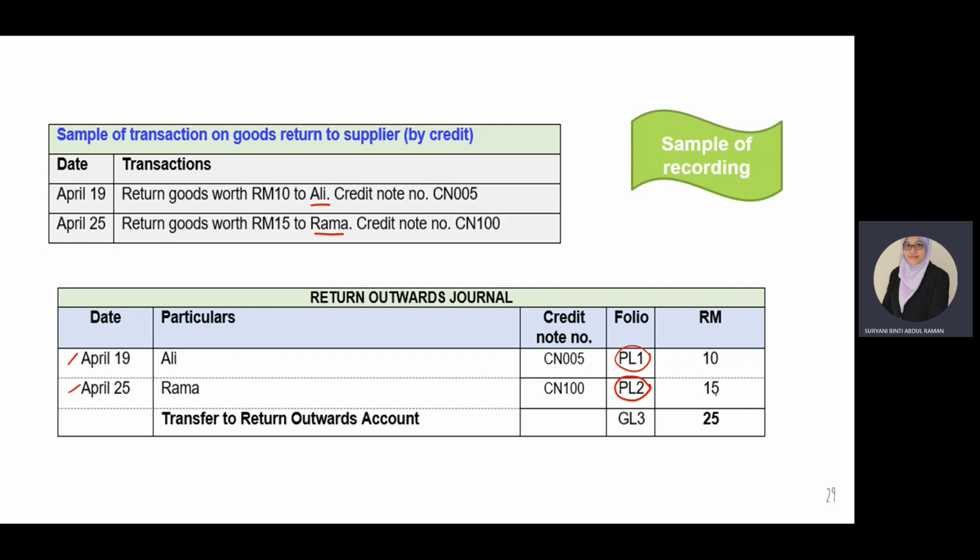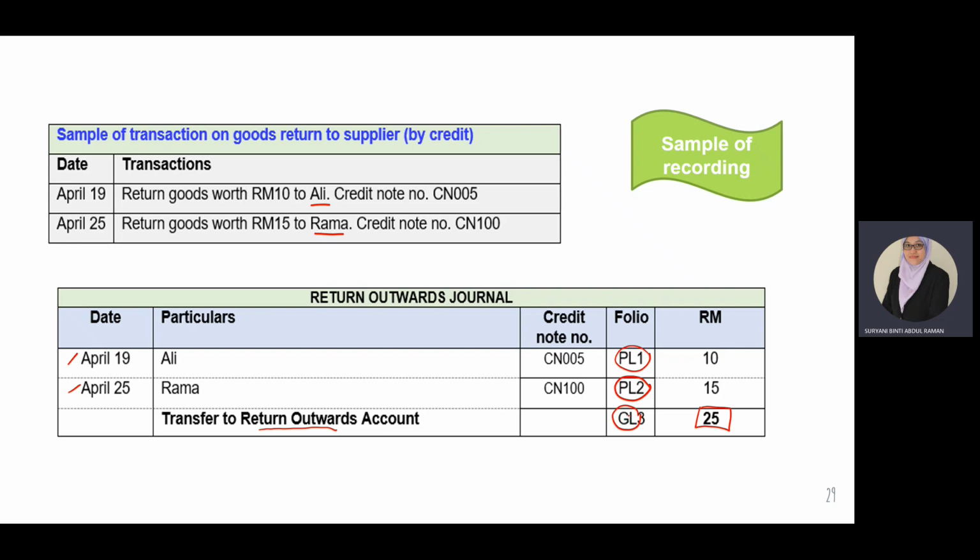Okay, at the end, when you have recorded the individual transactions regarding the returns outward, we will total out the value. The amount here is 25 ringgit, referring to returns outward. So we will transfer returns outward later on. Returns outward is another example of a general ledger account. This is an account not recorded in the sales or purchase ledger, so it will be recorded in the general ledger.